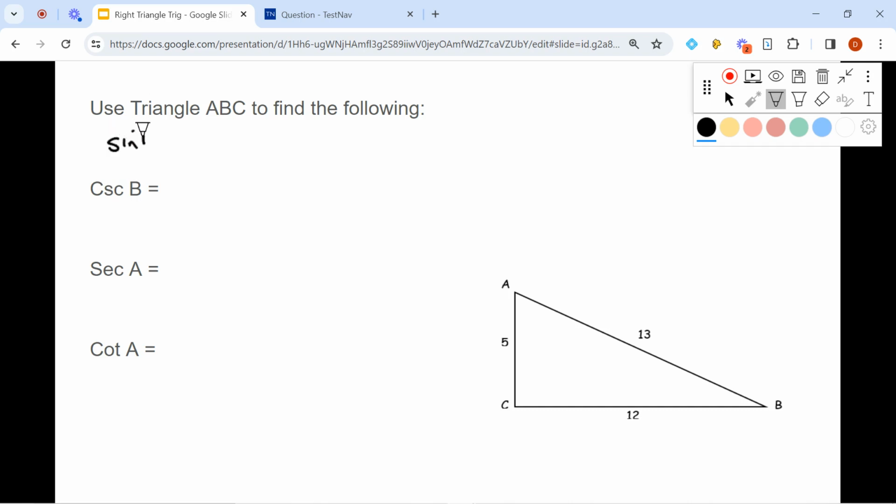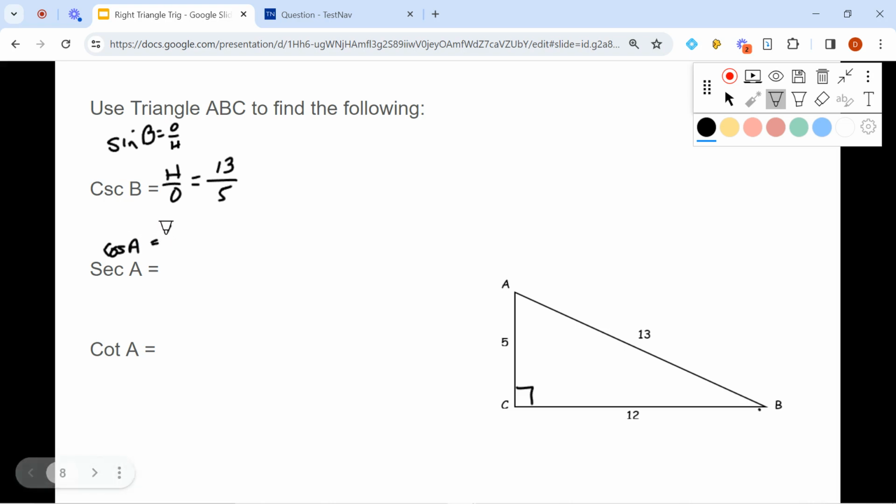The sine of B would be opposite over the hypotenuse, so cosecant will be the hypotenuse over the opposite. The hypotenuse, across from the right angle, is 13. The opposite of angle B is 5. So cosecant of B is 13 over 5. Secant of A. Secant is the reciprocal of cosine.